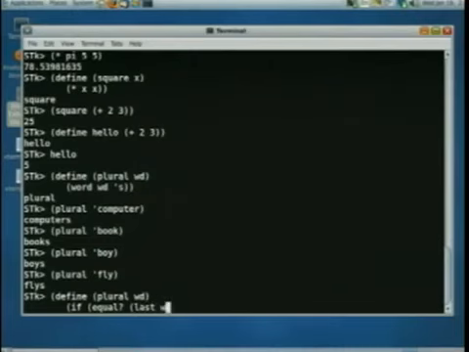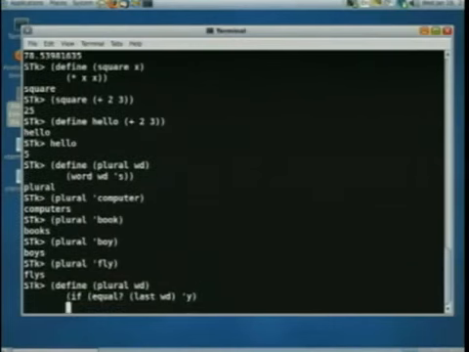So if the last letter of wd is equal to, quote, Y, last of word is a procedure call, but the Y, I actually want the letter Y itself, so it's quoted. So if those are equal, then I'm going to return word, all but the last letter of my argument word, and then IES.